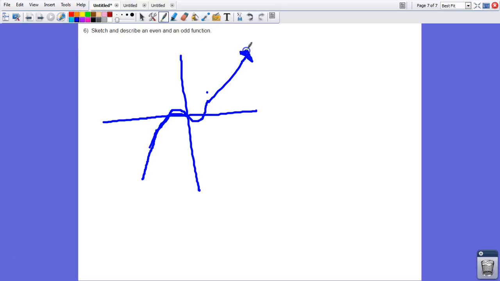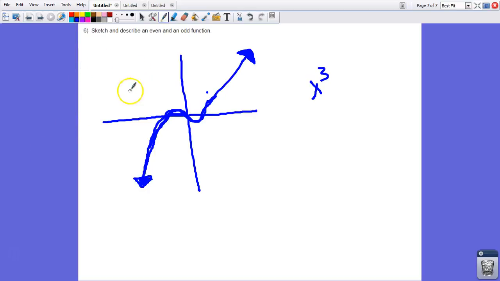The whole thing is always increasing or always decreasing, right? Oh, that's not true. I just lied to you again. But it starts off increasing and it ends up decreasing. Here, it's going up and then coming down and then going up again. But our ends are doing different things. This end is going towards positive infinity, and this end is going towards negative infinity. And this is the parent function for x cubed.